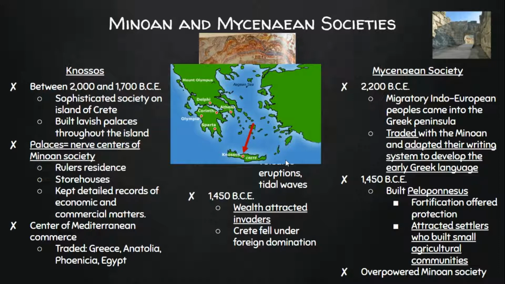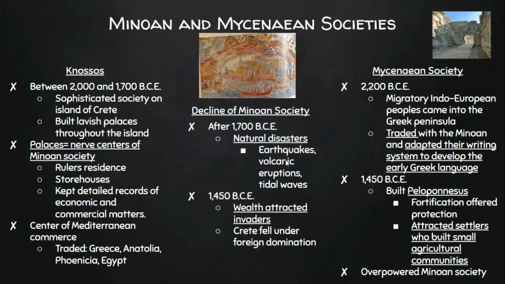So between 2000 and 1700 BCE, there was this very sophisticated society on this island who built very lavish palaces all throughout the lands. The reason why they created them was that this was essentially the central nervous center of their society, where either that was the ruler's residence, it was a storehouse, these palaces kept detailed records, etc. So these palaces were incredibly important for us to understand and know about this society.